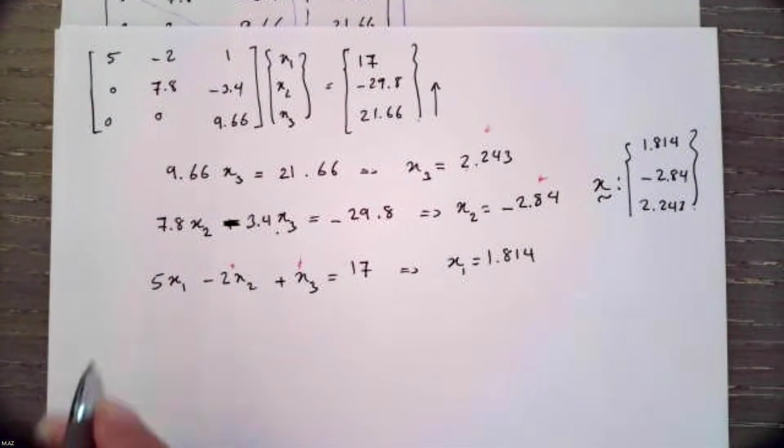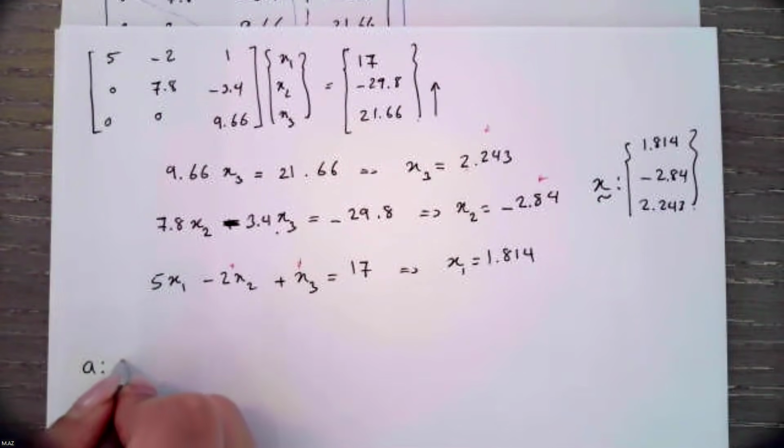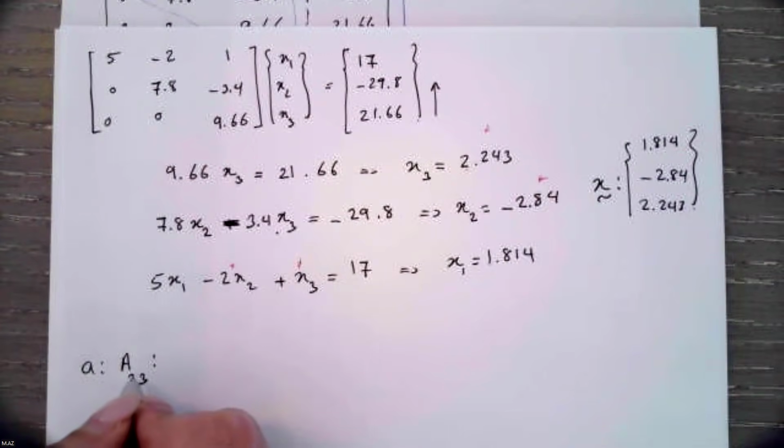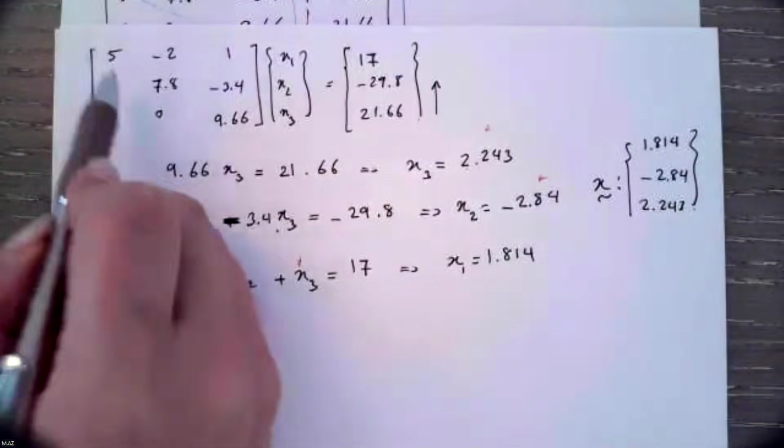For part A, we have to find the value of A 2, 3, once we make the matrix triangular. How can we find it? This talks about the row and this talks about the columns.